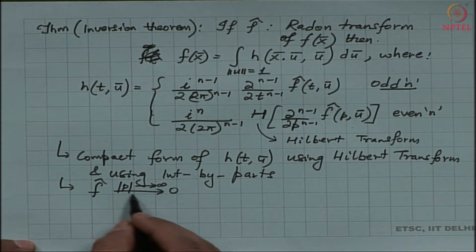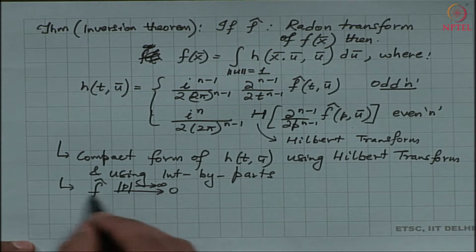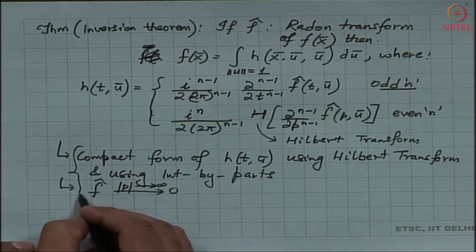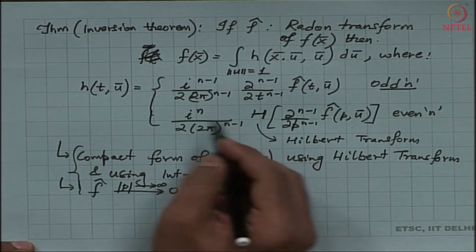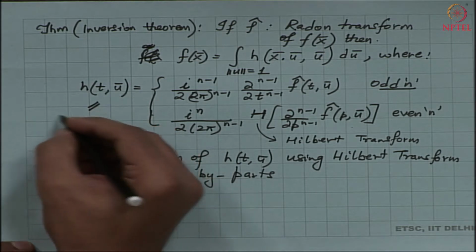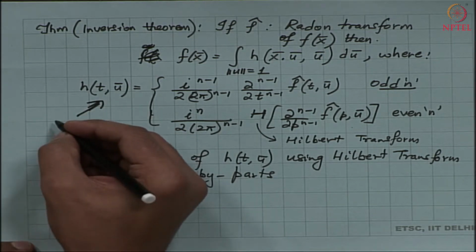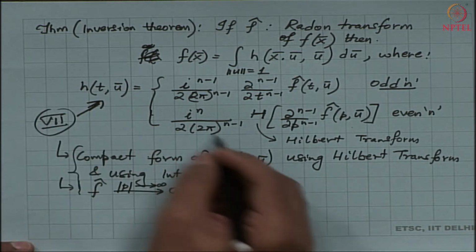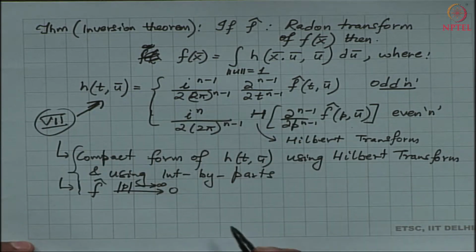So, if the hyper surfaces are very far away from the origin, my Radon transform decays to 0. So, these two relationships are used to come to this compact notation of h. Let me denote this compact notation by my expression number 7, which gives me the inverse of the Radon transform. Okay.